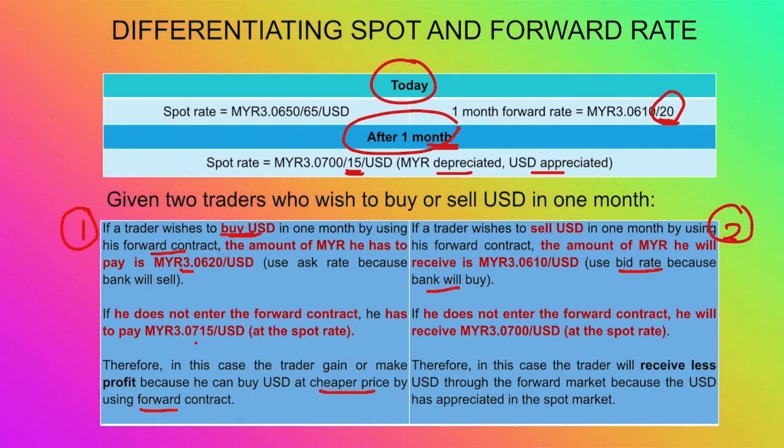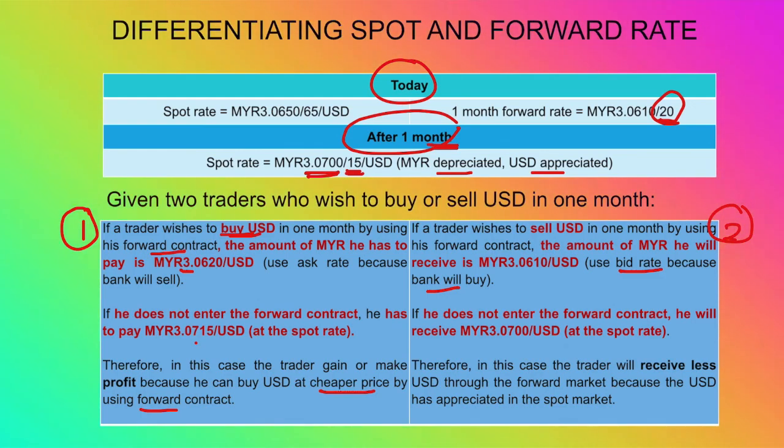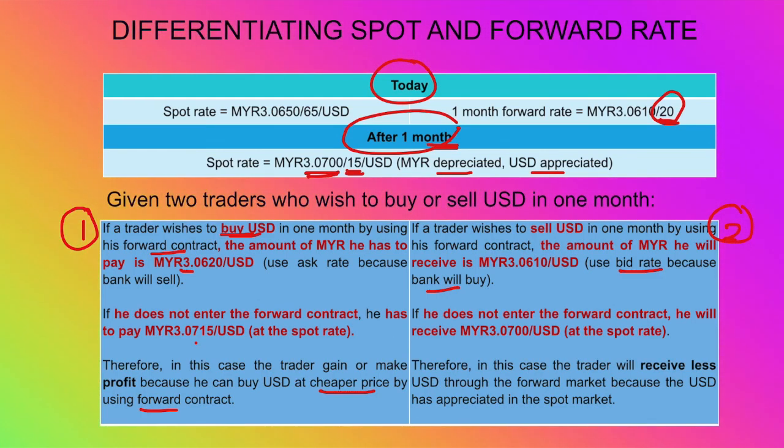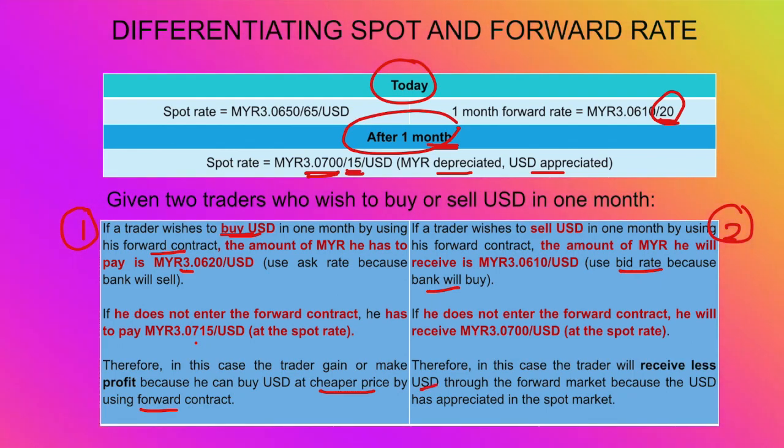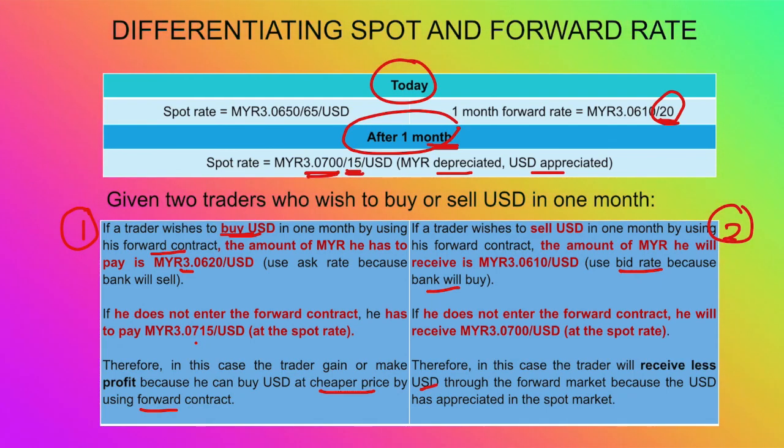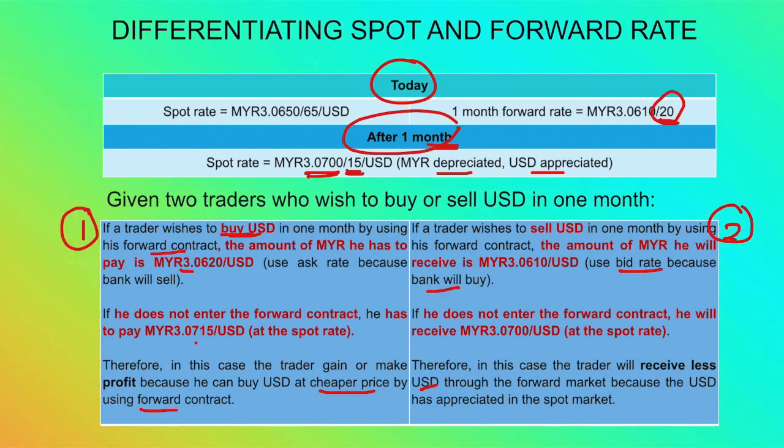If he doesn't enter the forward contract, he will receive 3.0700 per US dollar at the spot rate. Therefore, in this case, the trader will receive less through the forward market because the USD has appreciated in the spot market.